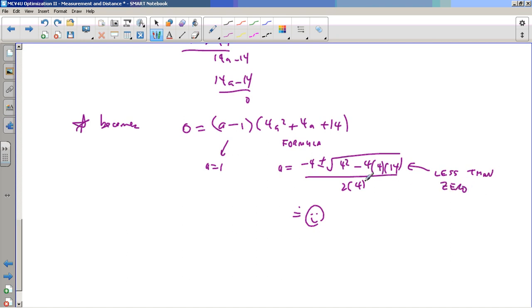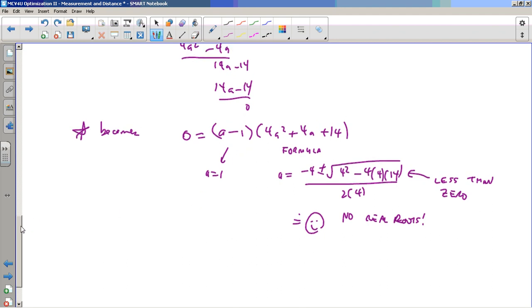Remember, if you're using the quadratic formula on your calculator, you have to check for that, because these are what are called complex roots. That's less than 0. No real roots here. And so just the one solution, A equals 1.